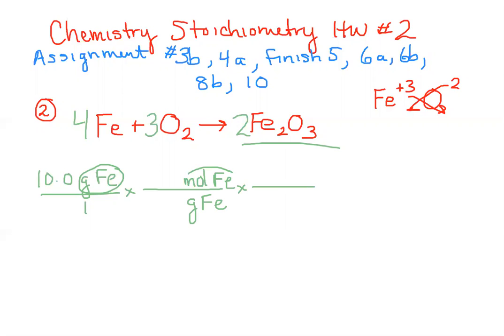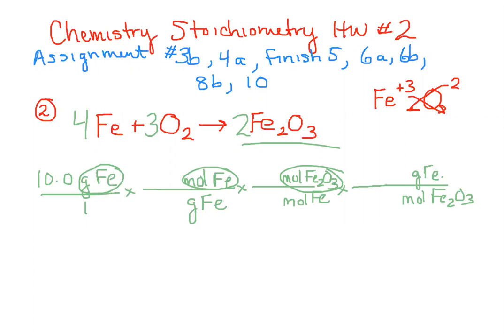Then we're going to take this and put it on the bottom and put moles of what we're trying to find on the top. Then we're going to take this and put it on the bottom and put on top what we're looking for, which is grams of iron 3 oxide.